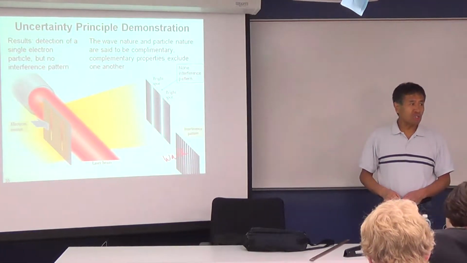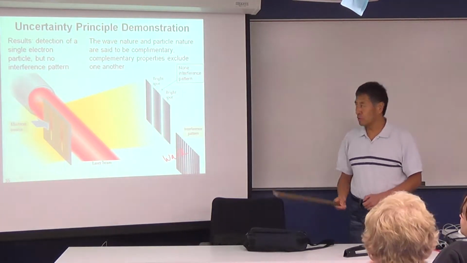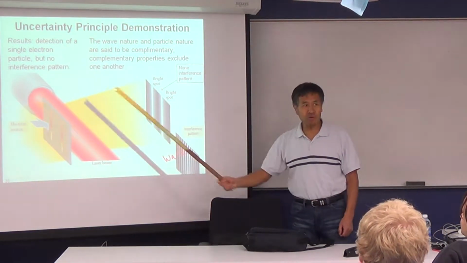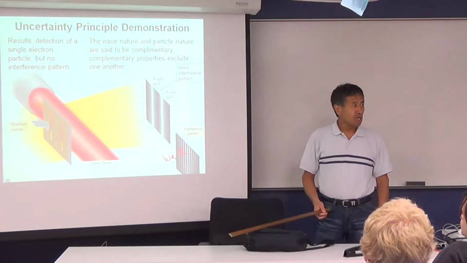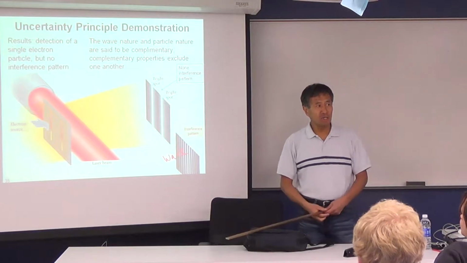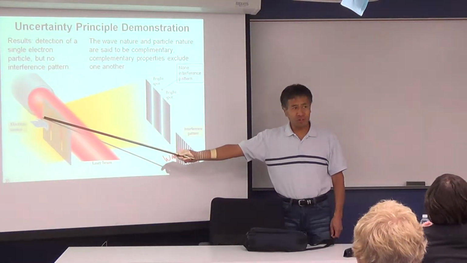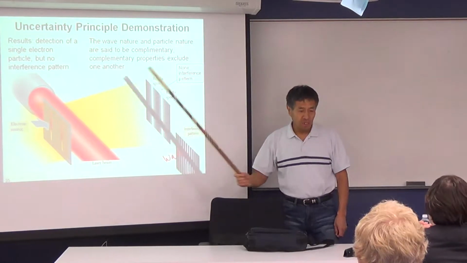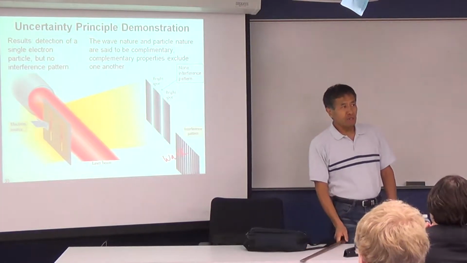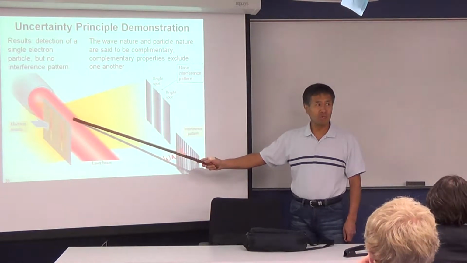Then you try to detect where the electron is passing through. If you have two narrow slits and you shoot one electron at a time, you can see the electron go through either the left side or the right side. You can detect that with a laser beam.